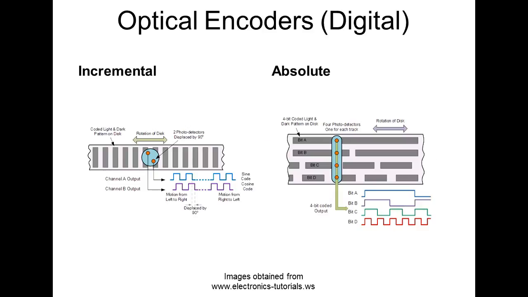Cute animation. This is what the robot uses: optical encoders. What's nice about optical encoders is that they are digital sensors, so they don't have to be converted from analog to digital. These are position sensors: incremental encoders and absolute encoders. An incremental encoder gives you a series of pulses, and each one equals a certain distance as it moves across.